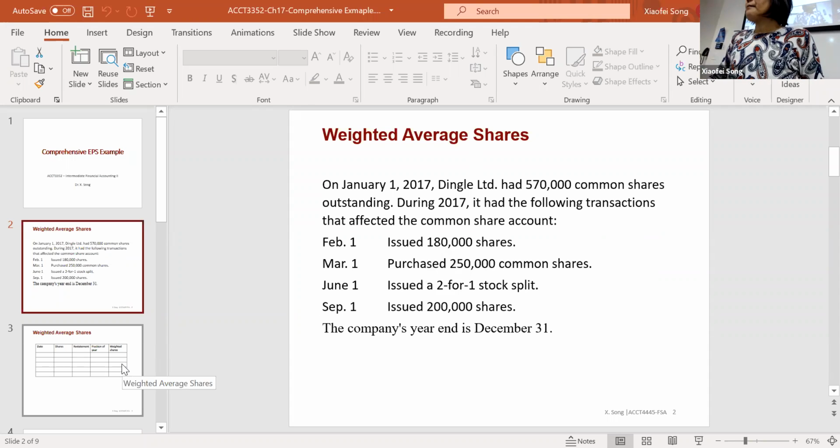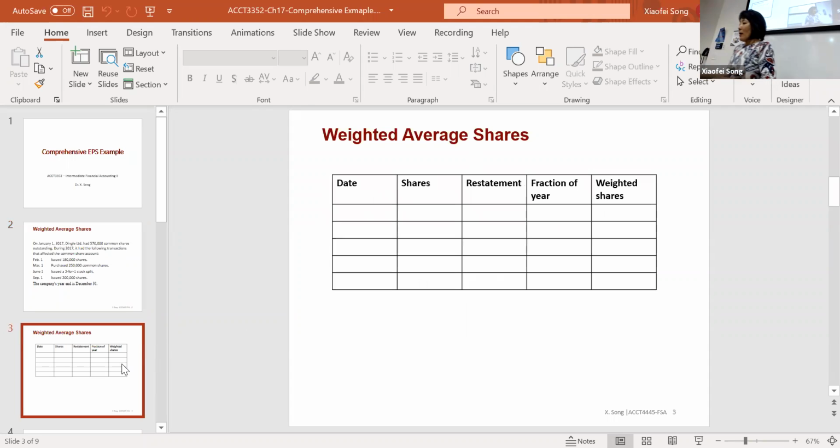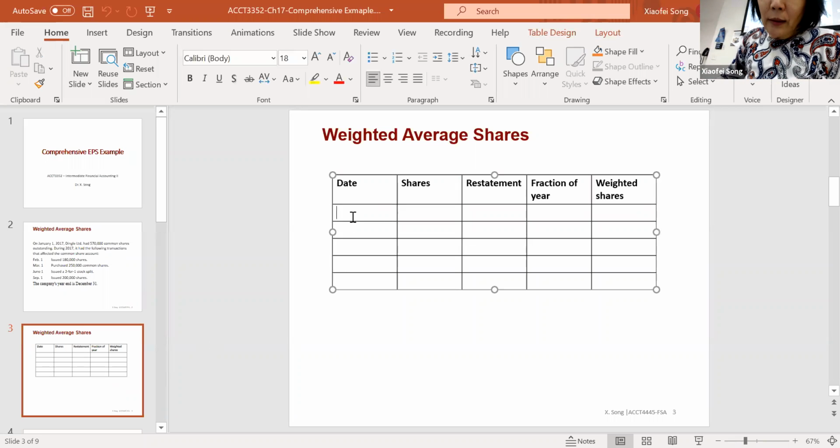So I just use this table, the same one you can use for assignments, that lays out all the information. At the beginning of the year, from January 1st, it starts out with no change until February 1st. So we'll go January 1st to January 31st, that's only 1 month.